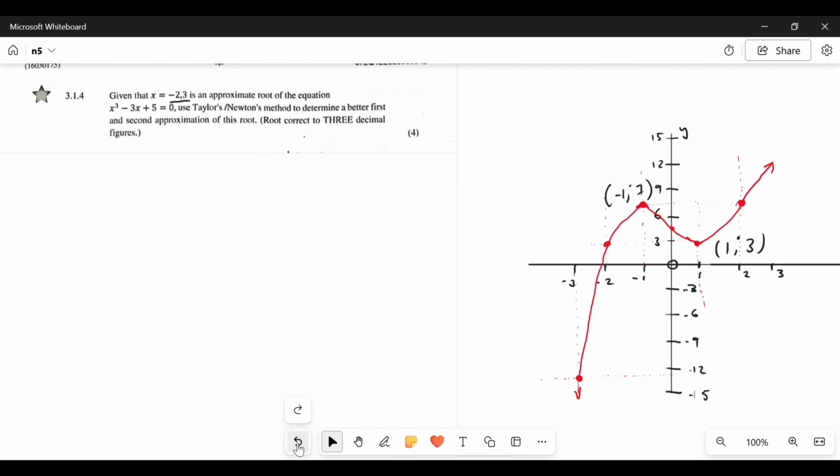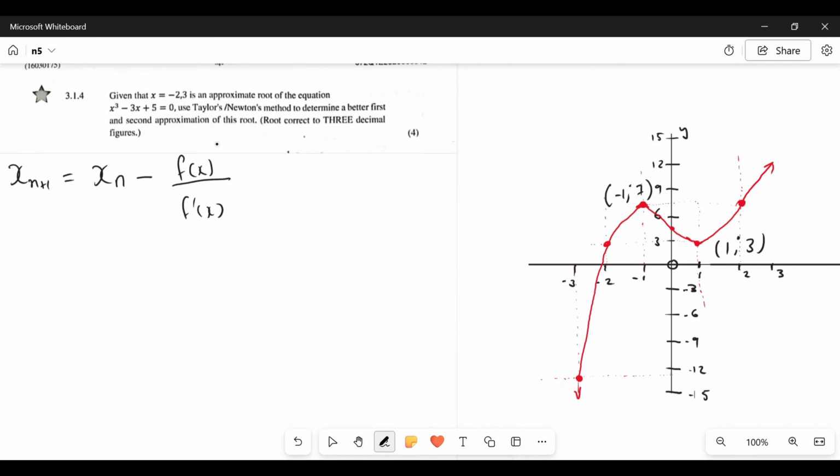So let's start analyzing. Before we analyze them, we have this formula for Newton's method, and the formula goes like this: x n plus 1 equals x n minus f of x divided by f of x prime. This is the formula we're going to use to calculate the approximations they are asking us to find.